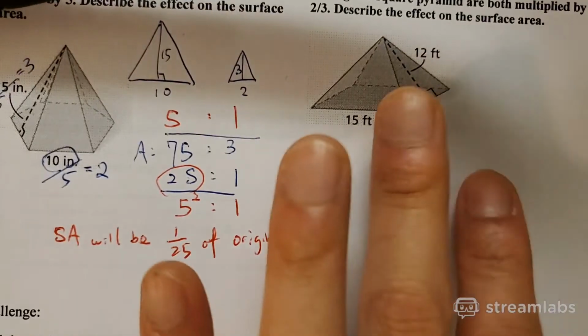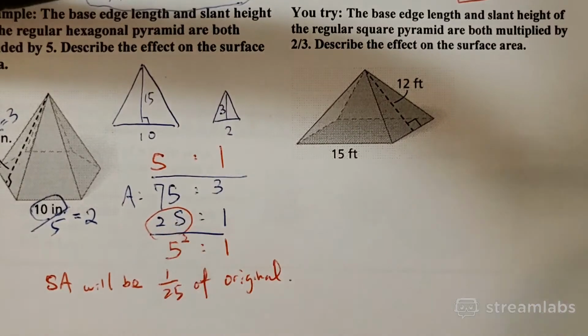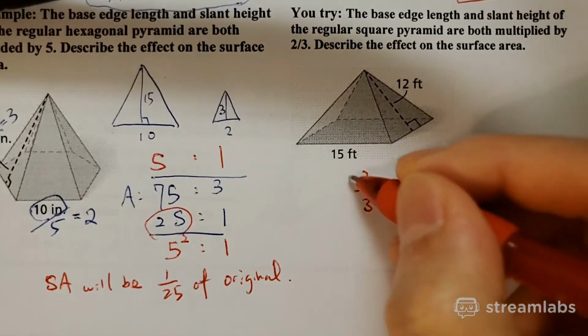You try. What do you think will happen to this one? So, just like how you square the ratio, now you multiply everything by 2/3, the effect will be squared, right?